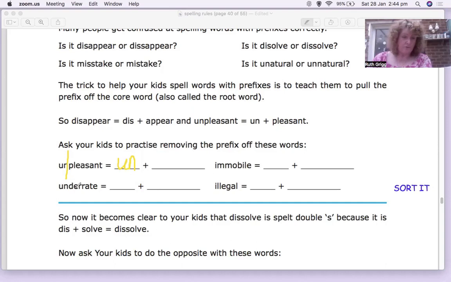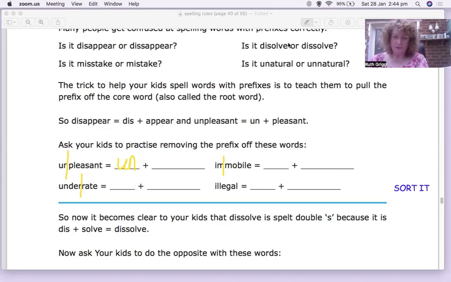And underrate, now this is under. So you'd write that there and rate there. Underrate means to undervalue something, not value it high enough. Immobile. Mobile means to move about. So what would immobile mean? And I've talked to you about this one. So see if you can do that on your own.